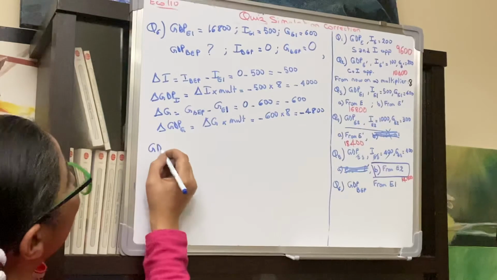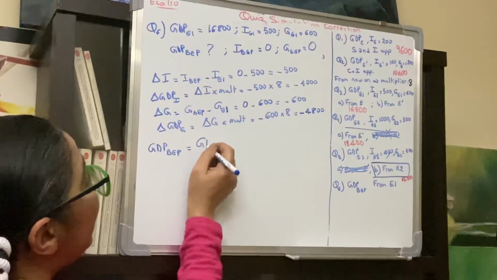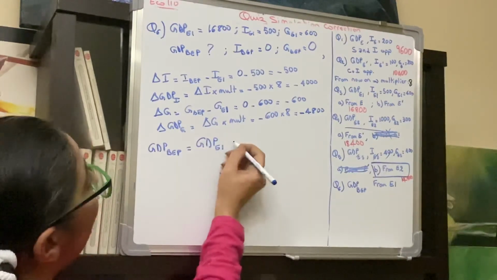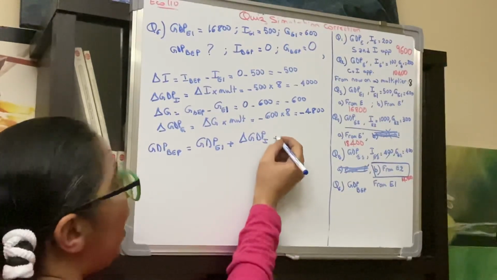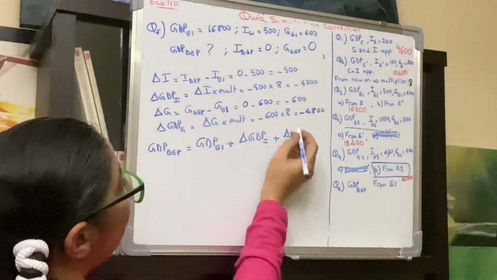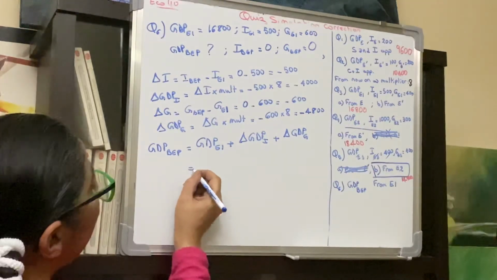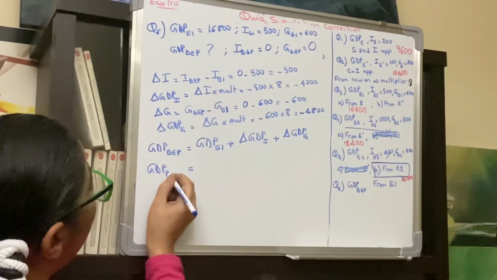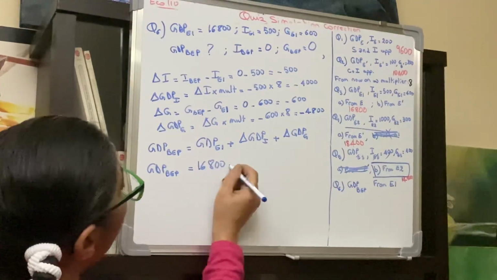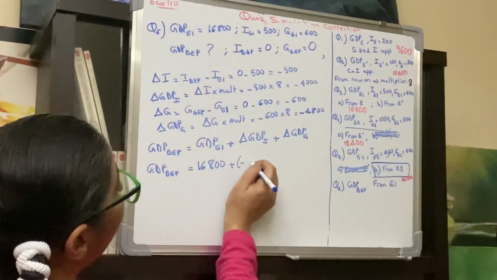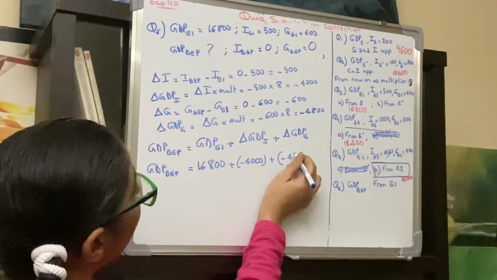Now GDP at BEP is equal to GDP at E1 plus delta GDP due to I plus delta GDP due to G, okay? So GDP at BEP is equal to 16,800 plus negative 4,000 plus negative 4,800.